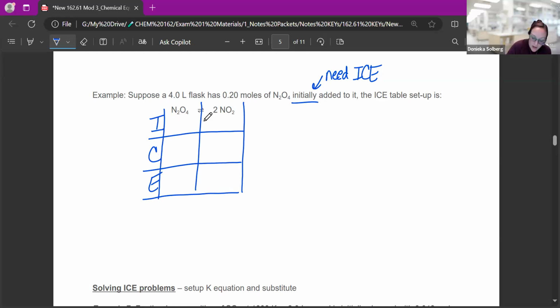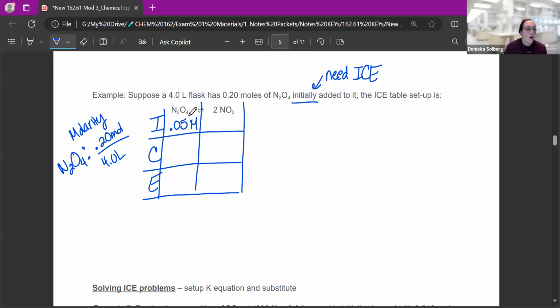Now remember, I said you have to do molarity or pressure when you're doing an ICE table. So the molarity of N2O4, I have to actually calculate before I plug it in. So I've got 0.20 moles over 4 liters, so that is 0.05 molarity is what I'm starting with.